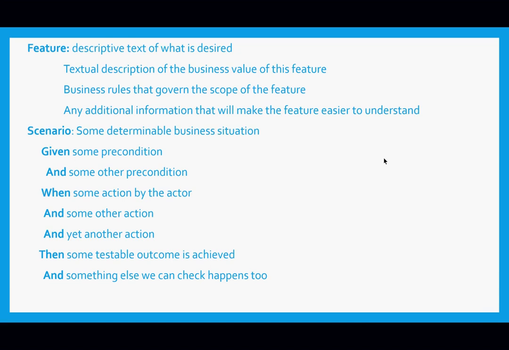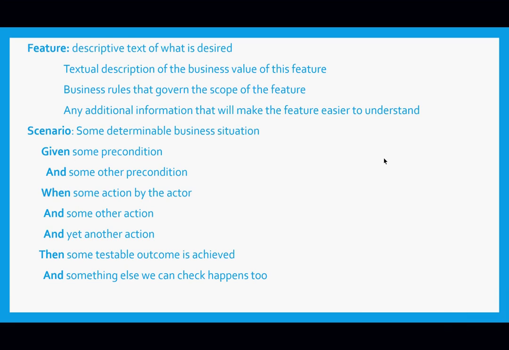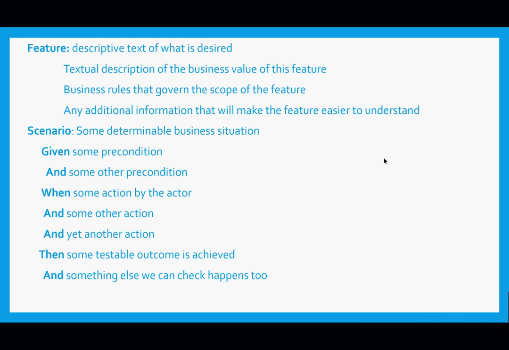Then after that, you have your when clause. Your when clause comes, then you put the actions you want the user to perform. That also follows with some ands. If you have more than one action, then you would put those actions in an and clause. After you have added those ands, which are concatenated with the when, you follow them with a then clause.